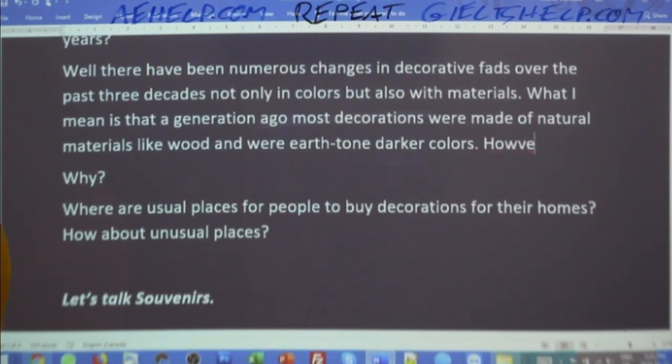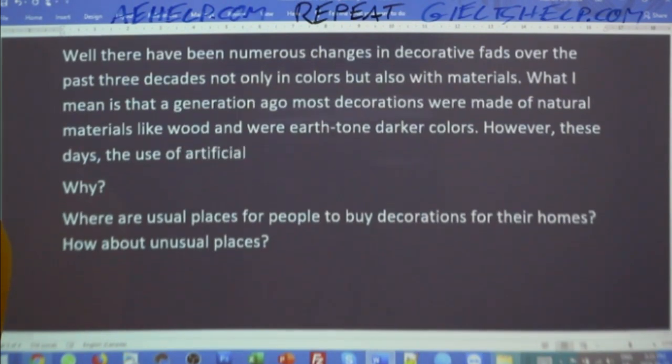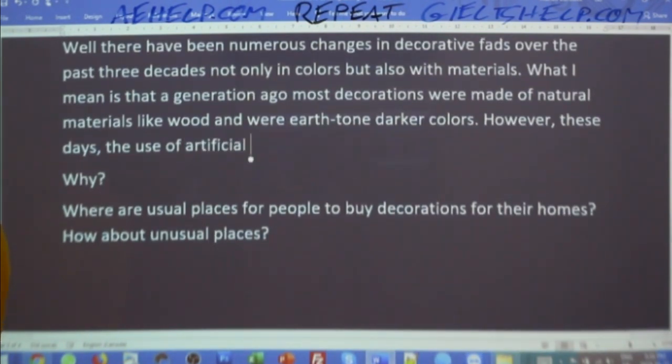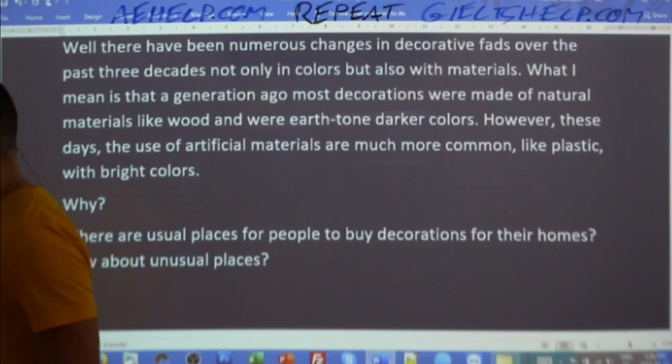However, these days, the use of artificial materials are much more common, like plastic with bright colors. Okay.